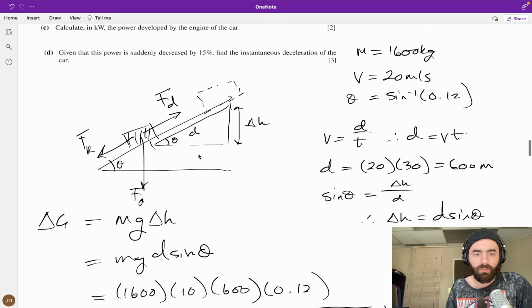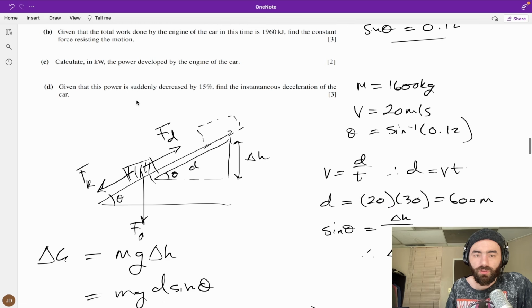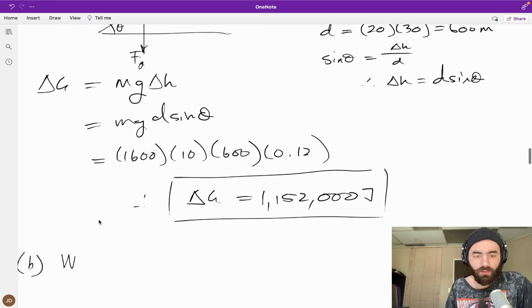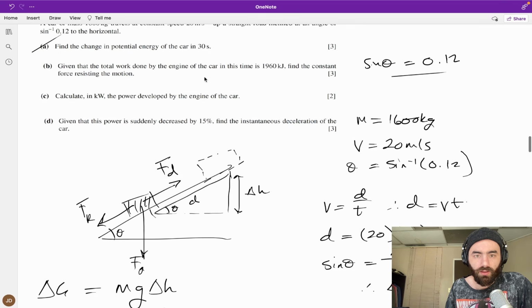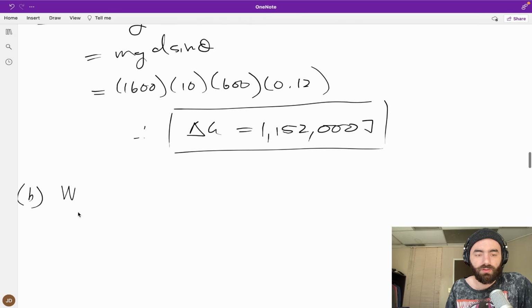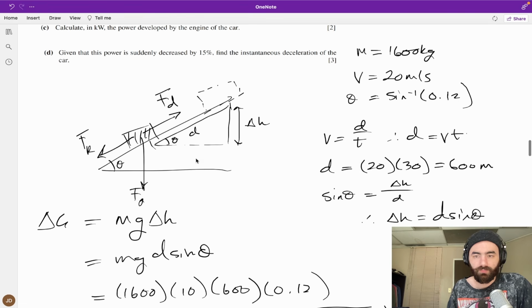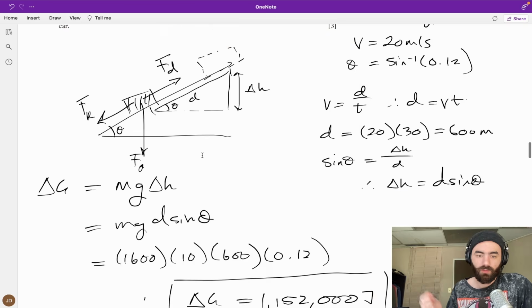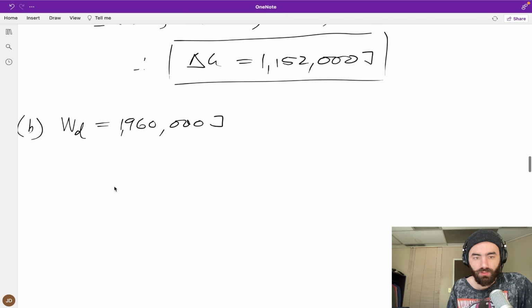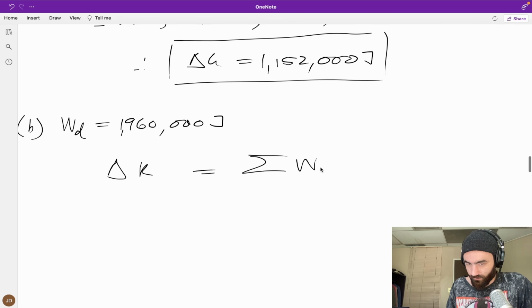We're given that the work done by the driving force is 19,600,000 joules. So we can use our work-energy equation: change in kinetic energy equals the sum of the work done.